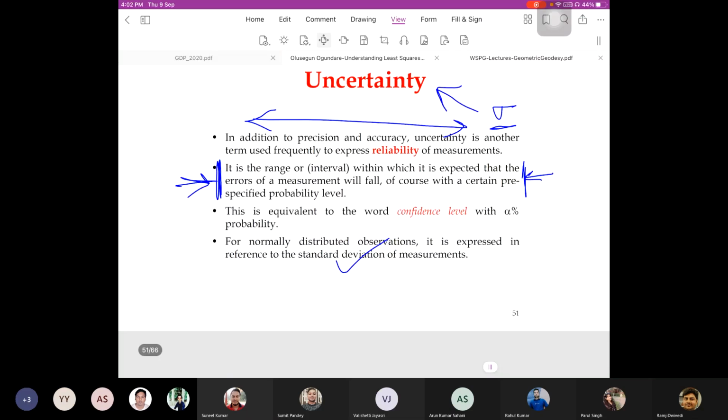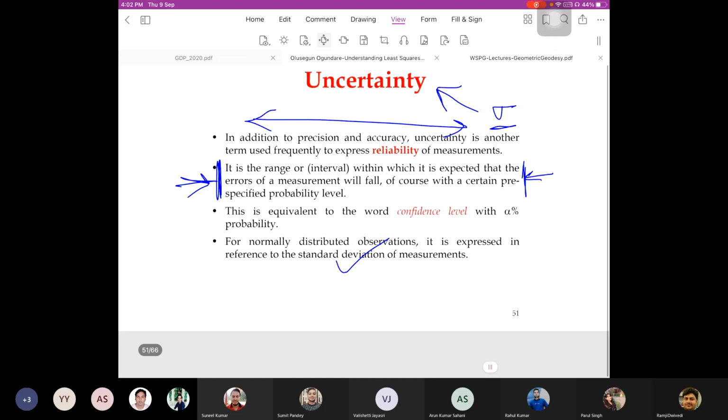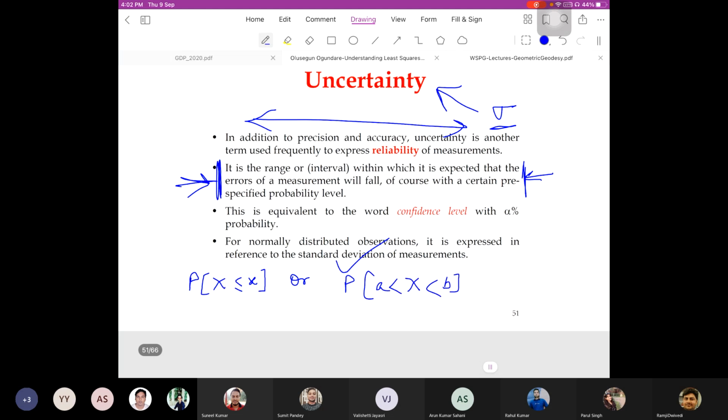I have asked how we are solving the problem. We are solving it like this: probability of x to have a value less than x, or probability of x to fall between a and b.